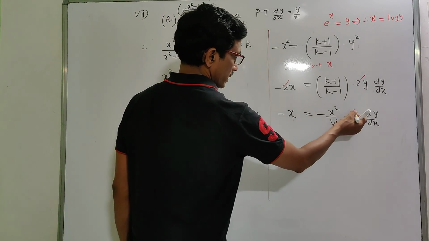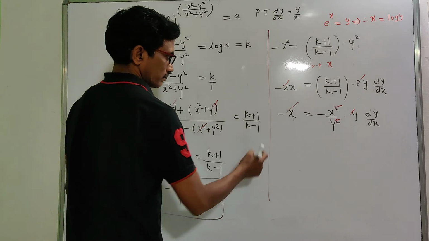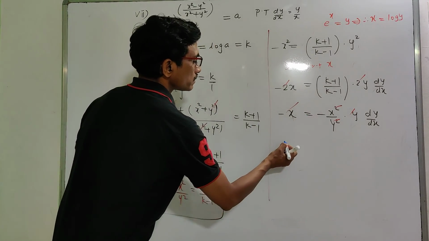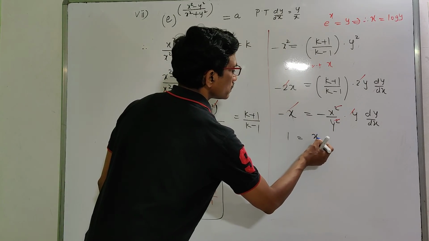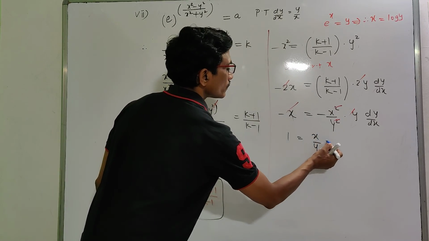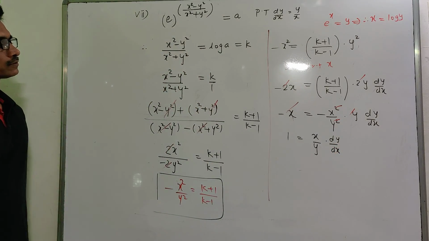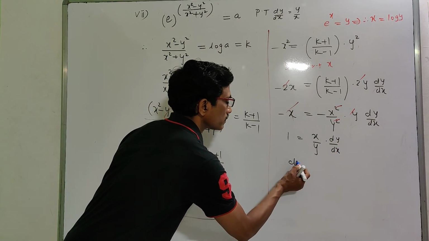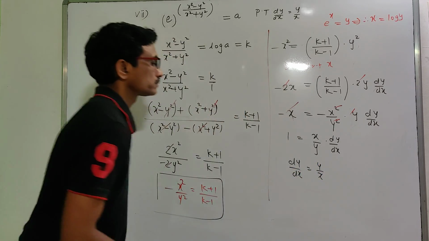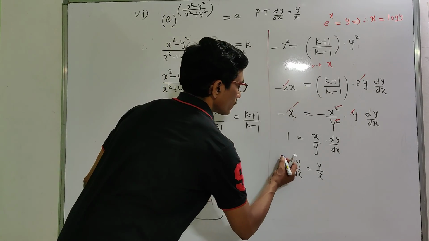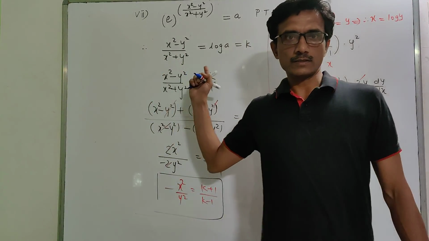So this y is getting cancelled, this x is getting cancelled, minus sign will get again cancelled. So it is 1 x upon y into dy by dx. So what is dy by dx we are getting? Dy by dx is equal to y upon x. This is required to show. Dy by dx is equal to y upon x is required to show.